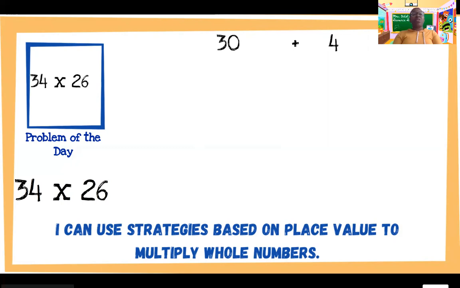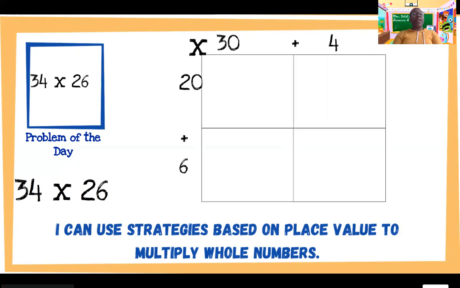That's right, 20 plus 6. Great job. And remember, we use our box for our area model. Remember, when we use an area model, we are multiplying each piece together in order to find our partial products. And then we put our partial products together in order to get our solution.